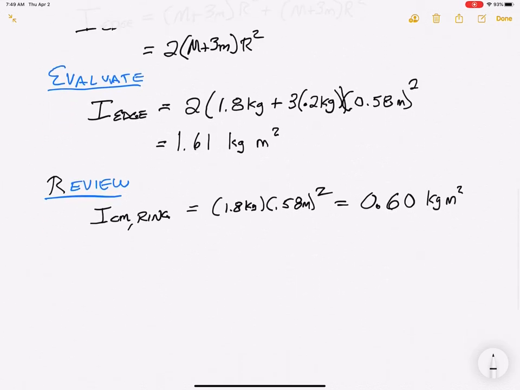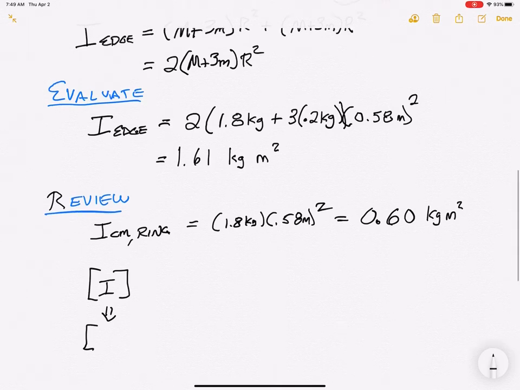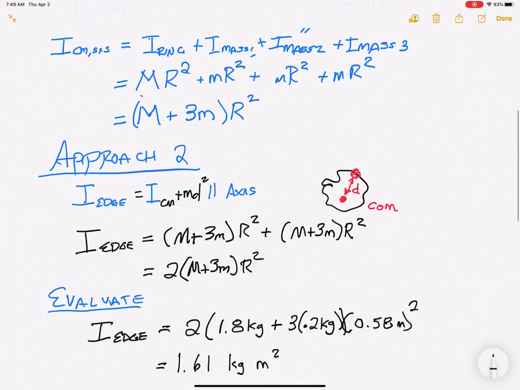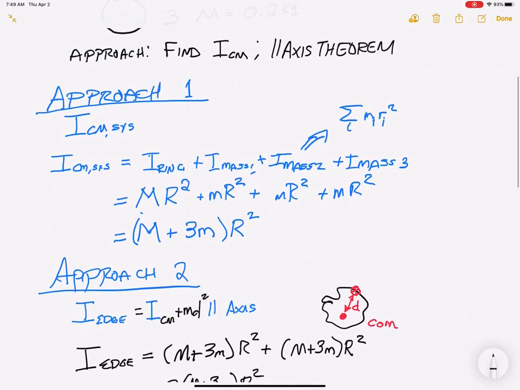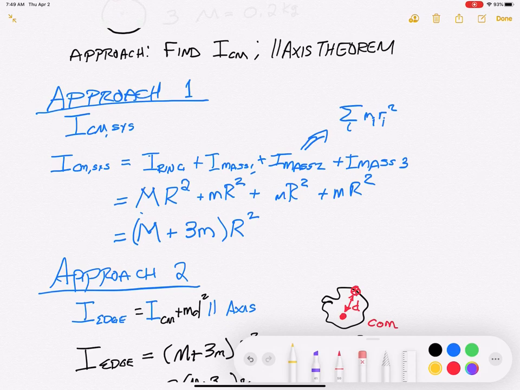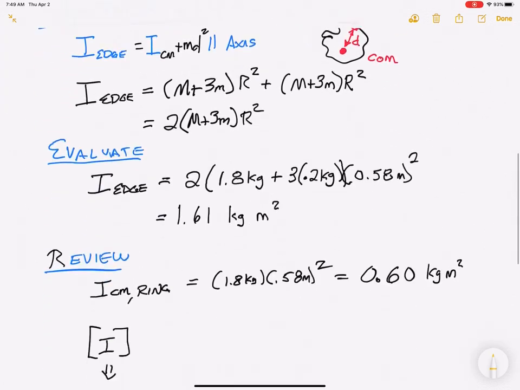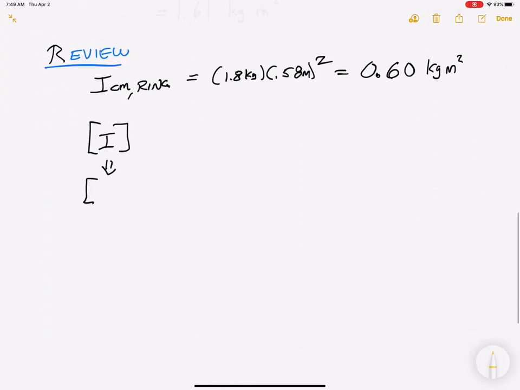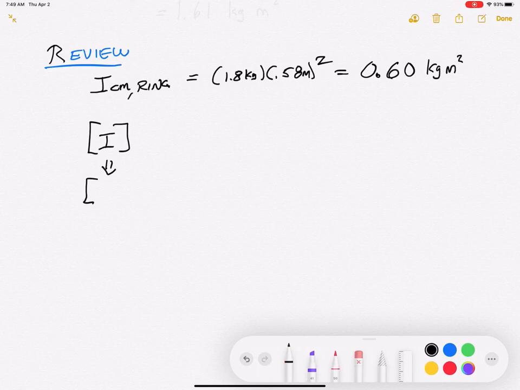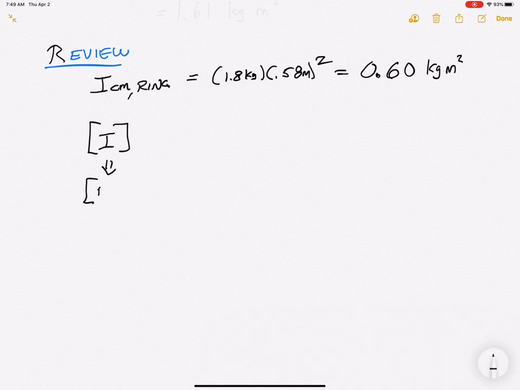Oh, and our units for I, we are expecting that to be what the formula gives us, which is just up here in the beginning. The formula gives us mr squared. So when we go down to the units, we are expecting this to be mass, kilograms, and distance squared.